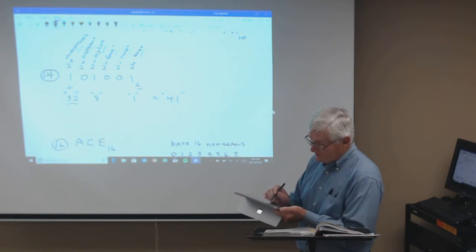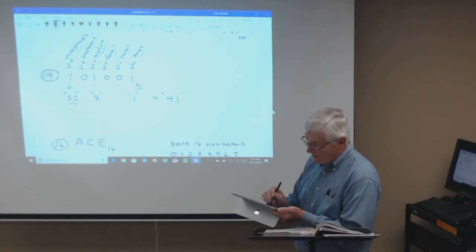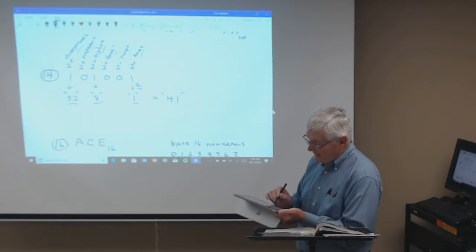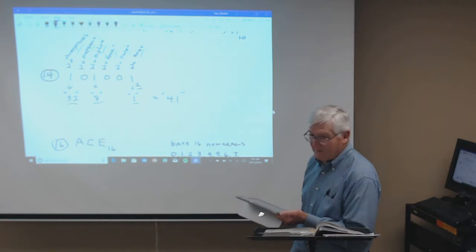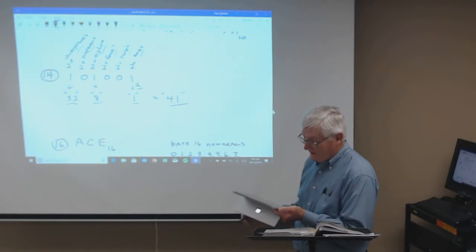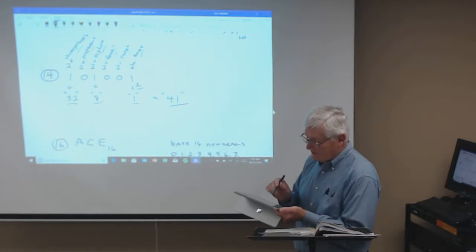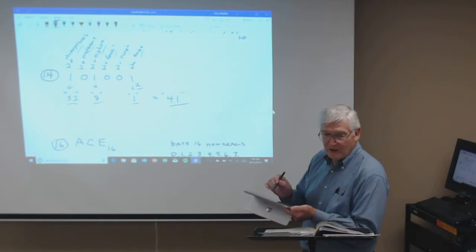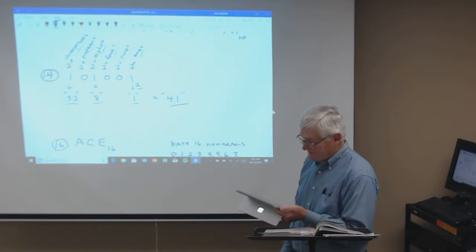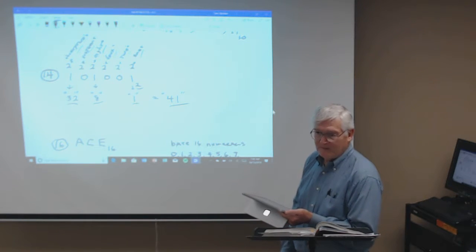I have no 16s. I have 1, 8, no 4s, no 2s, and 1, 1. So what's 32 and 8 and 1 add up to? 41. So 101001 in base 2 or binary is 41 in decimal.